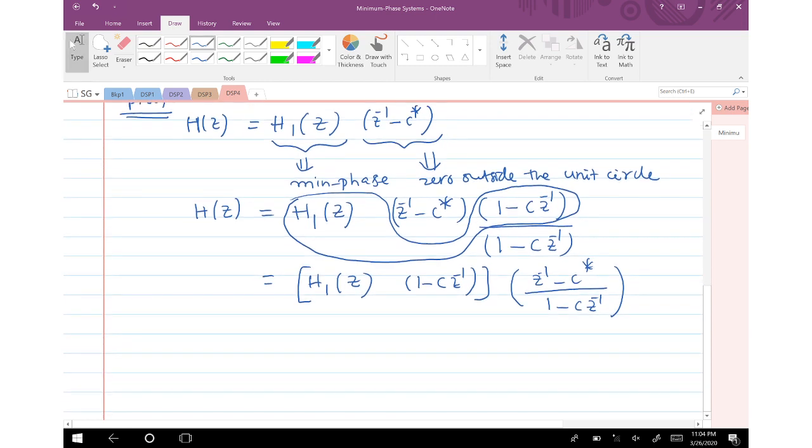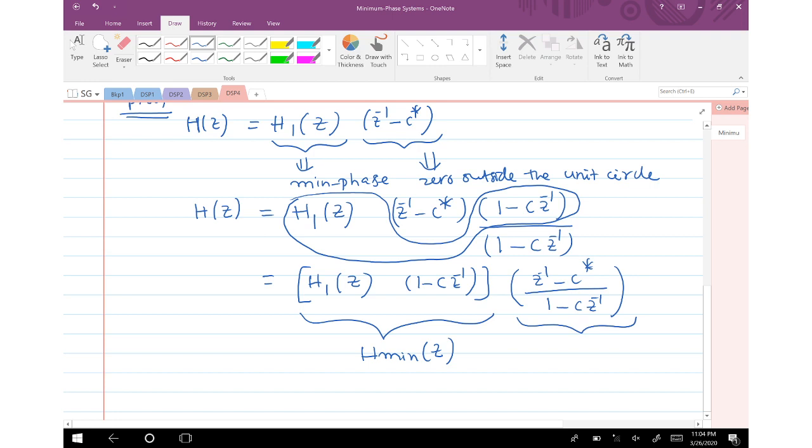Okay, so since c is outside, the other one has a zero inside, now it's being the reciprocal conjugate. So this let me represent with H_min(z), right? And what about this? We have seen it, (z^-1 - c*) over (1 - c z^-1).